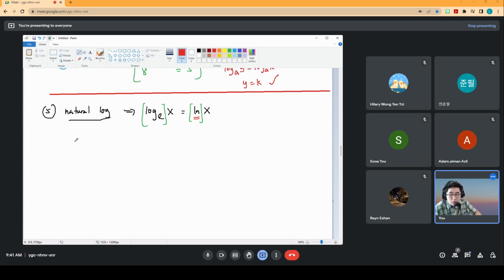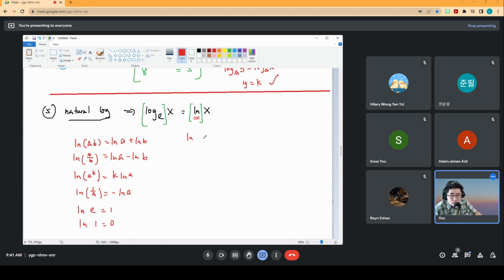Such as ln of ab equals ln a plus ln b, ln of a over b equals ln a minus ln b, ln of a^k equals k ln a, ln of 1 over a equals negative ln a, ln of e equals 1, ln of 1 equals 0, ln of e^k equals k, and e to the power ln k equals k. So you can see that all of these rules actually apply.